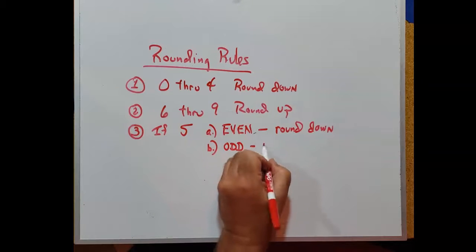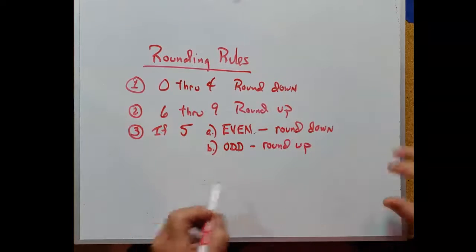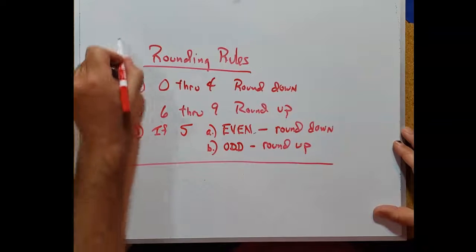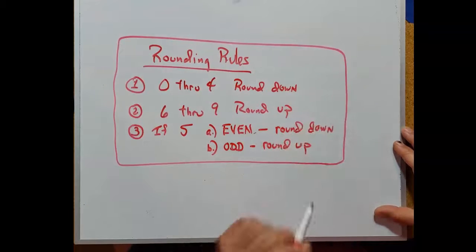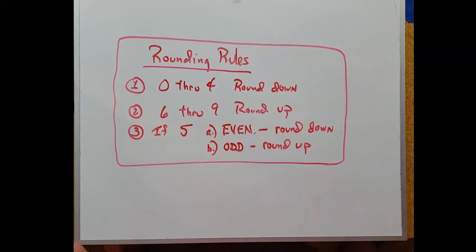And if it's odd, we round up. All right. That's a very, very short summation of the rules. Go back and look at the videos and the notes that I posted for you yesterday if you want or need a more detailed explanation of that. Okay.